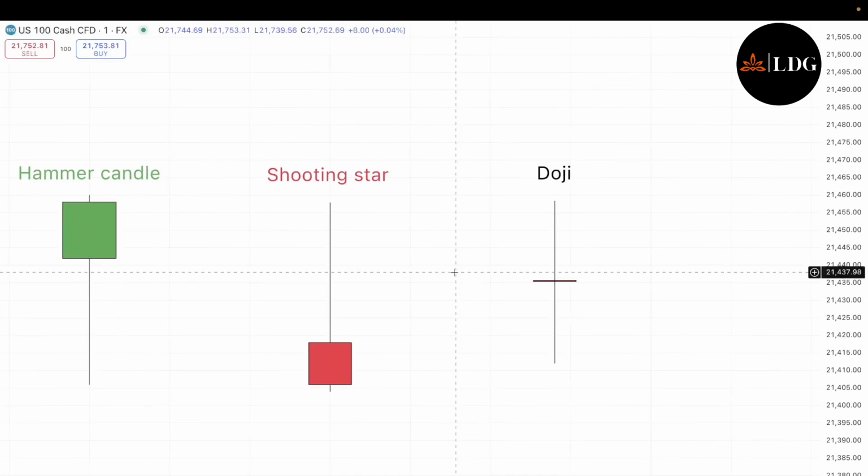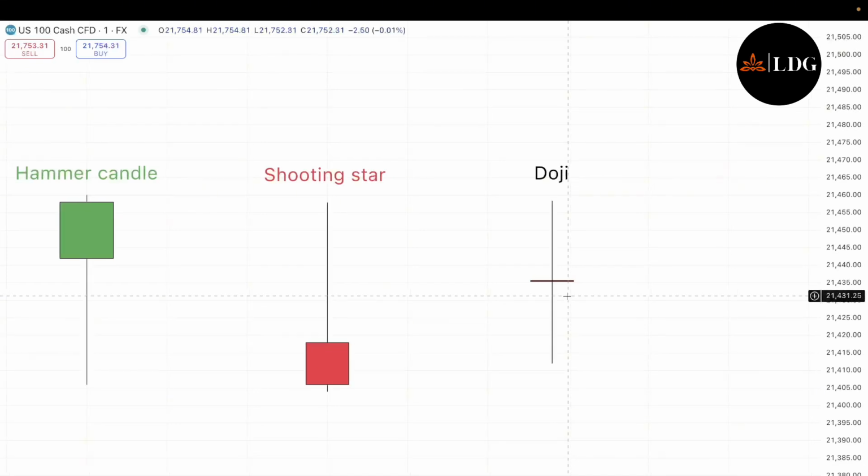And then you have the doji. Now, the doji is a candle where the open and close are basically the same level. No one's taking control over this market. Neither the buyers nor the sellers had control during this time. At one point they did, yes, but at the end of it they were very equal, which gives you your doji.